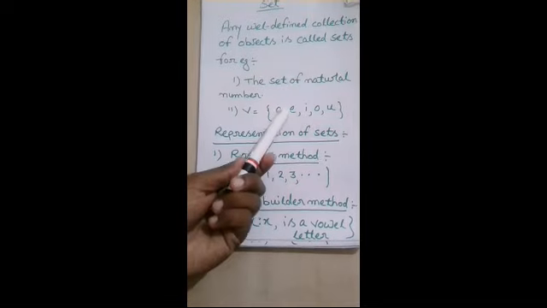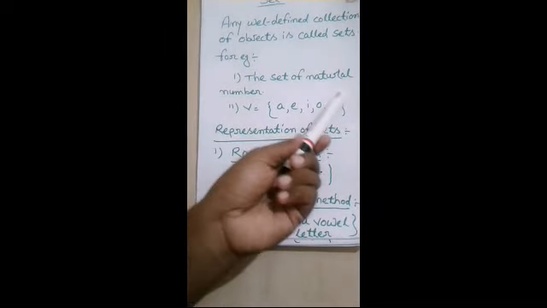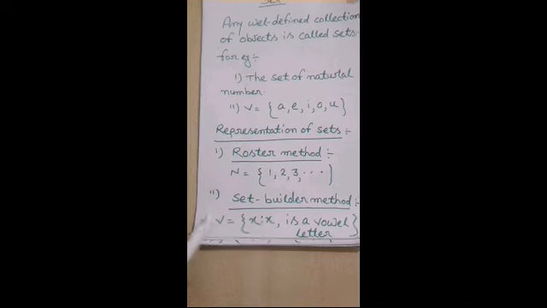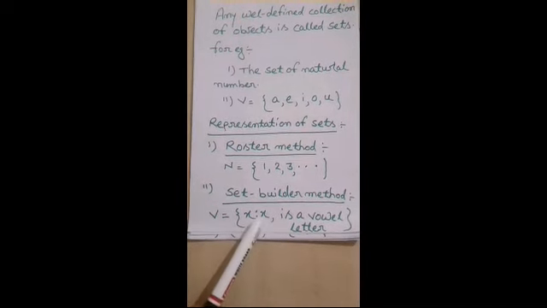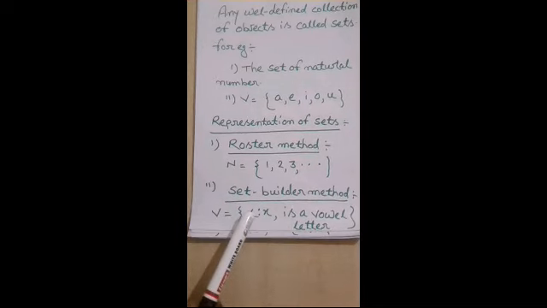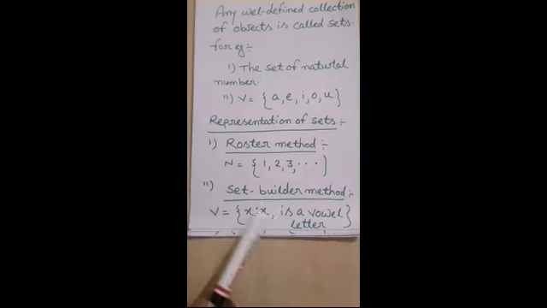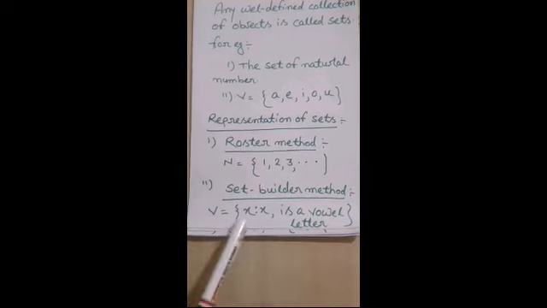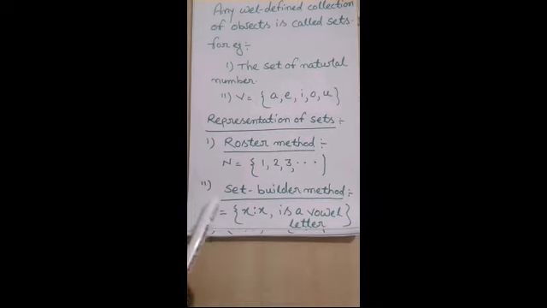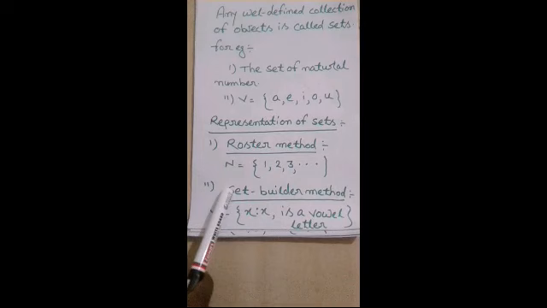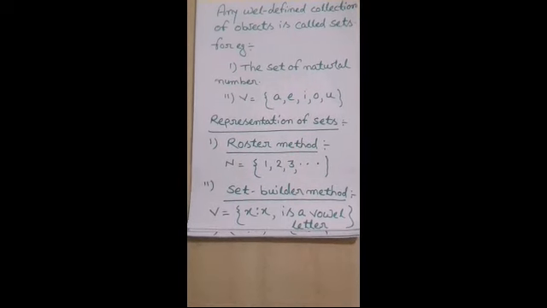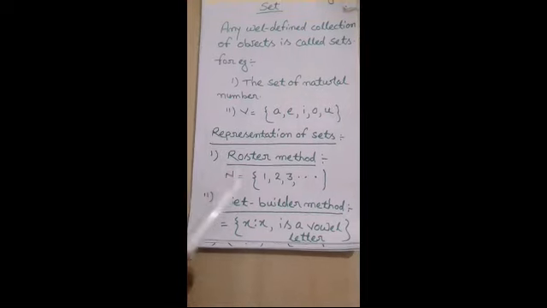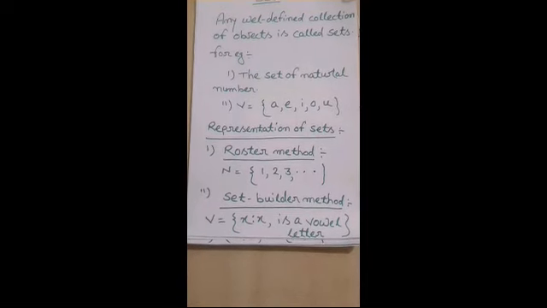Here you see A, E, I, O, U. This is written in roster form, and if I want to write it in set builder method, I have to write x such that x is a vowel letter. This bar is called such that. So if you write the property of the set in curly brackets, it is called set builder method or rule method. These are the two ways to represent a set.